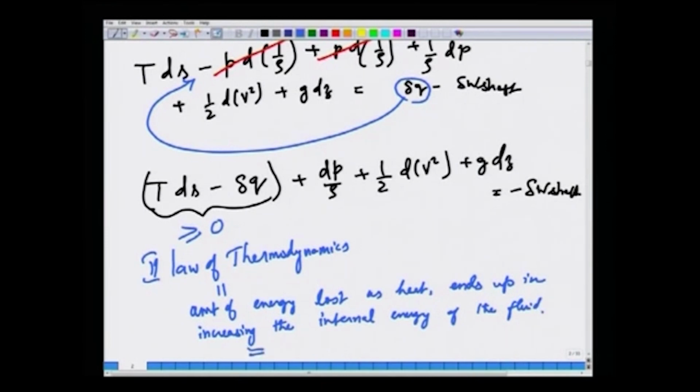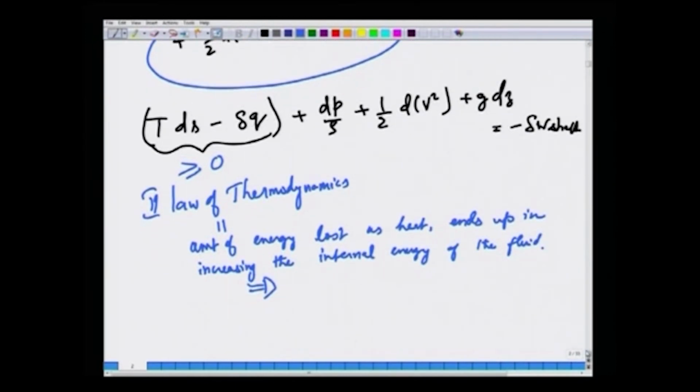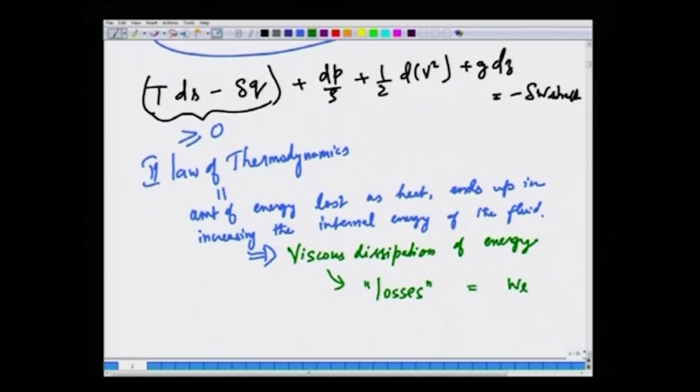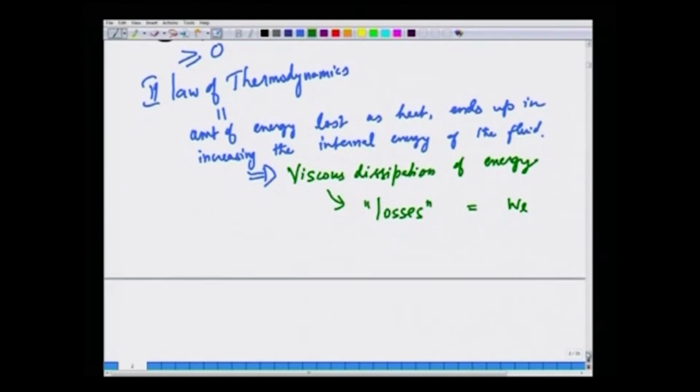This is also called the viscous dissipation of energy. Now, from the point of view of fluid mechanics, this is the amount that is lost. So, these are termed as losses. This is written as WL, the amount of energy or work that is lost.